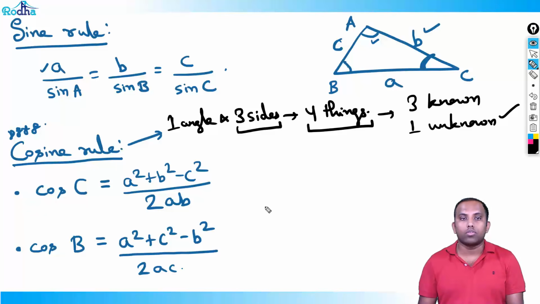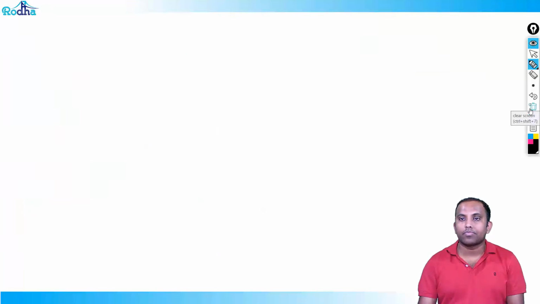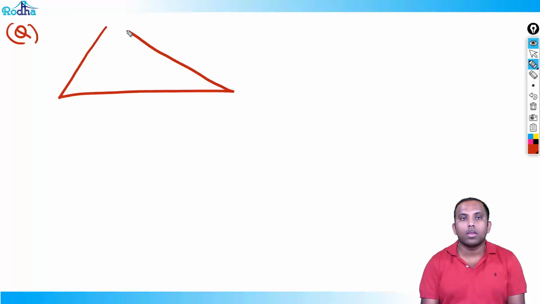Very important cosine rule. Okay, now let's do a question here. The triangle PQR. PM is the angle bisector. That means this angle and this angle will be equal.